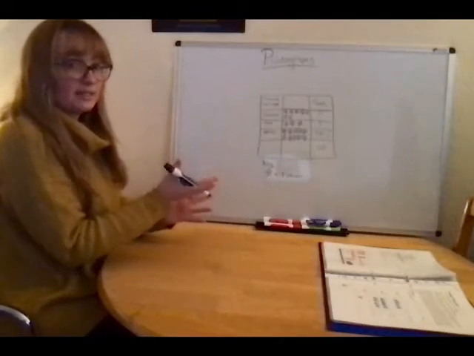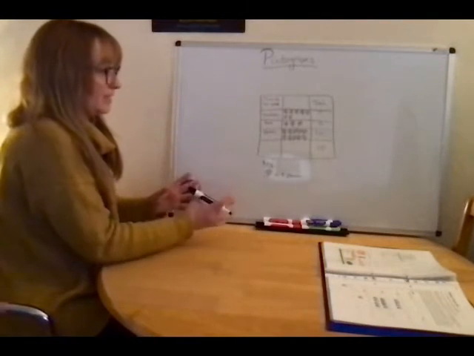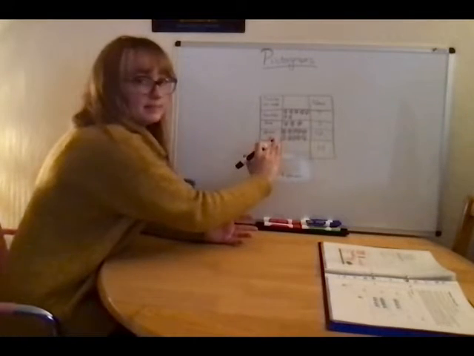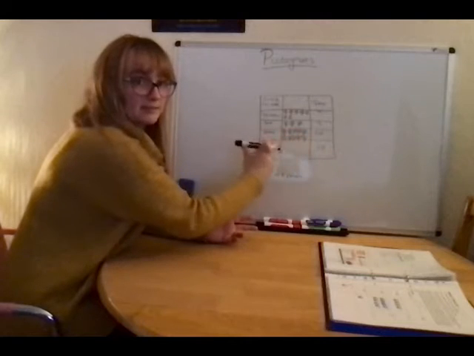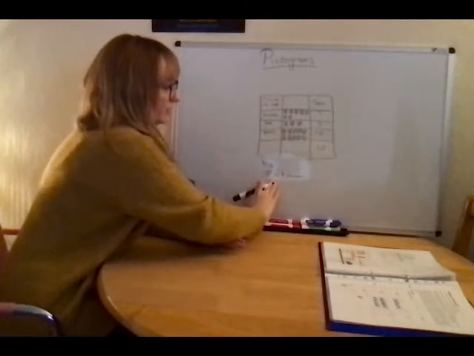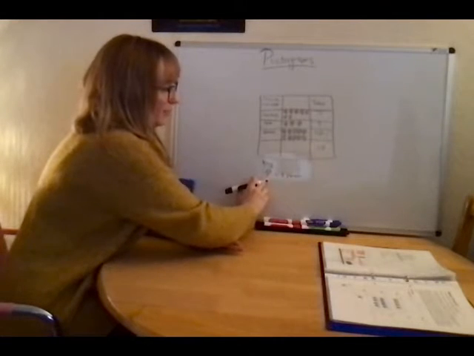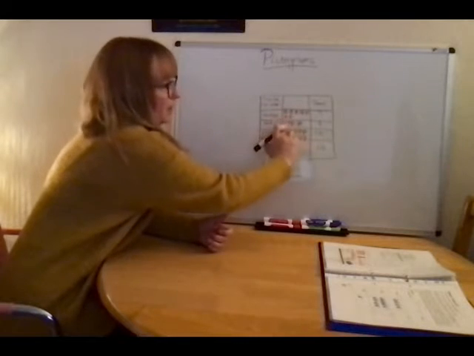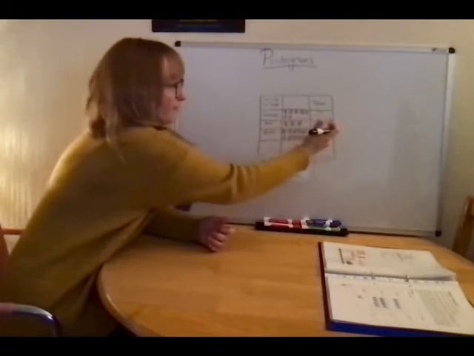So again, like we did yesterday with the tally charts, you might see some incomplete pictograms to fill in. So you might not have the totals there, and you've got to use the key to see what the picture represents. So in this case, one person, count up how many pictures there are, fill in the total.